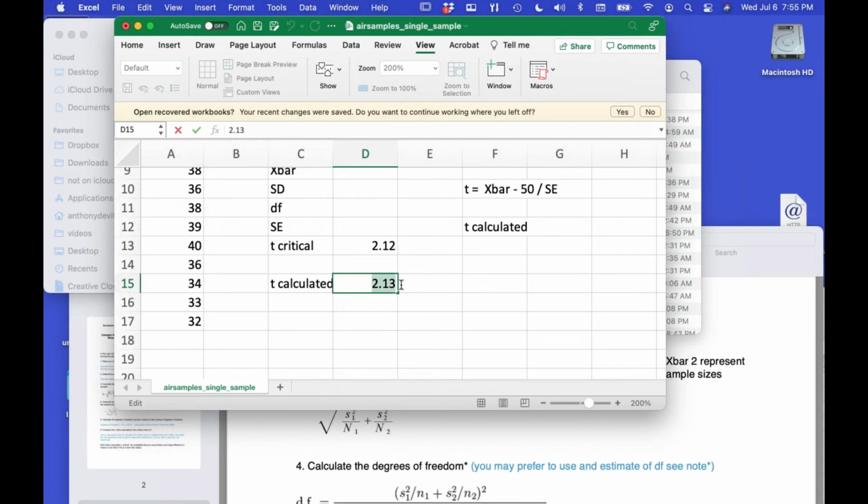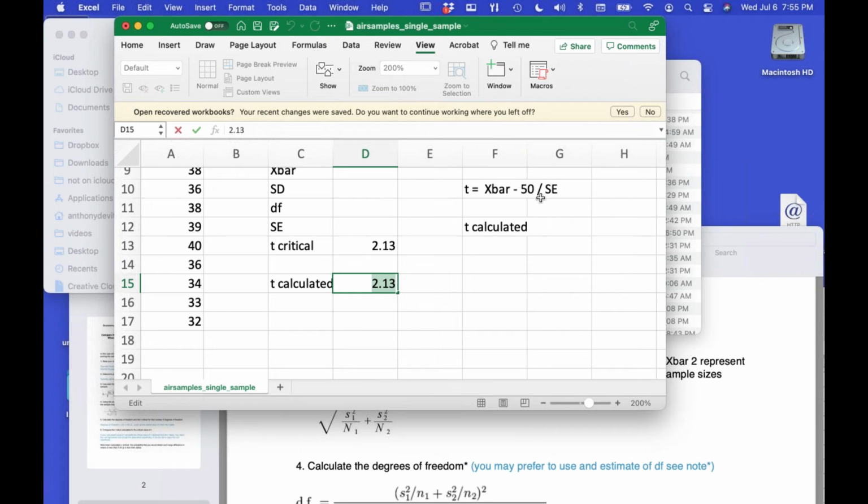Yeah. Okay, what do we calculate T to be? The T calculated, x bar minus 50 over the standard error. I got 5.96. Oh, great. No, go ahead. It's 0.96. Okay, not T critical, T calculated, right?